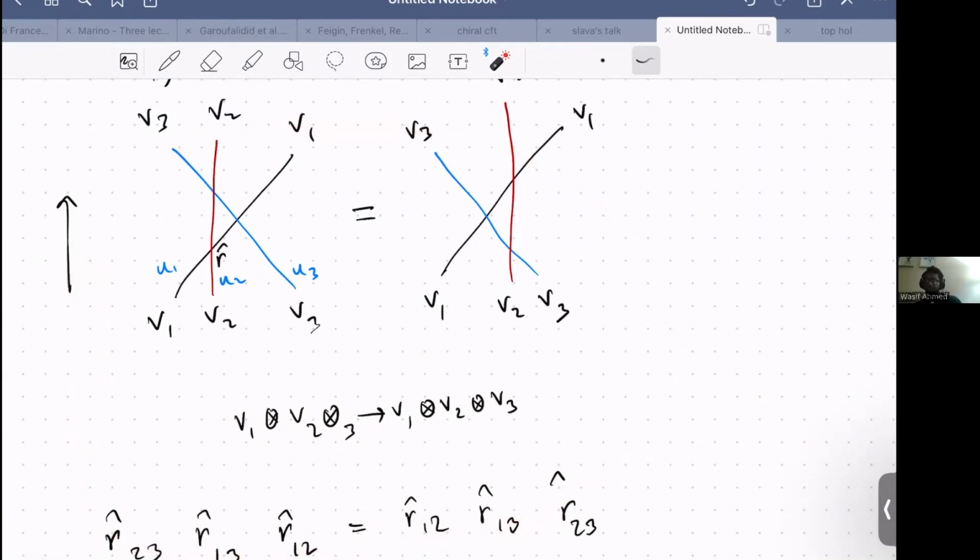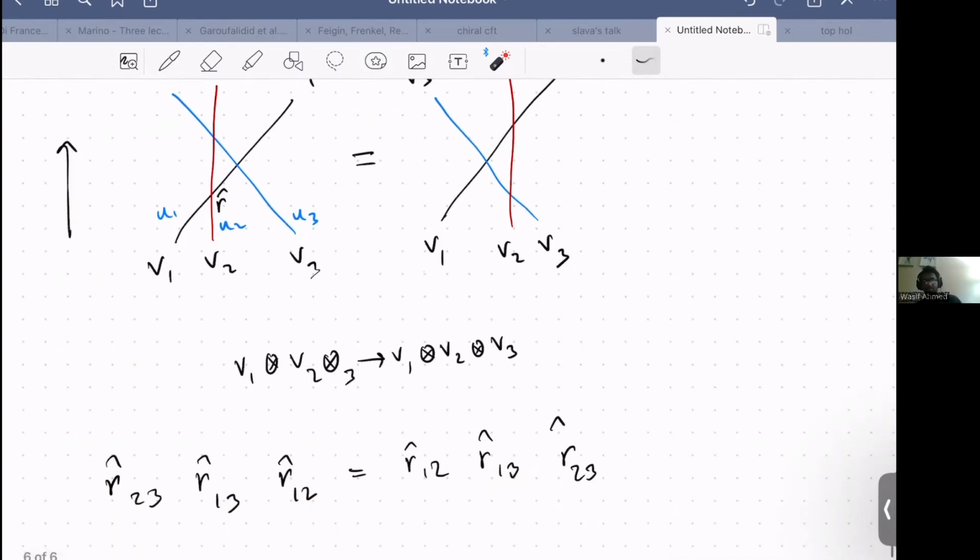How do you define the ordering of these indices of R? Is it R12 or R21? How do you know that? Oh, I'm just reading. Actually, maybe I should be careful. I should read from left to right. So here I have 1, 2.